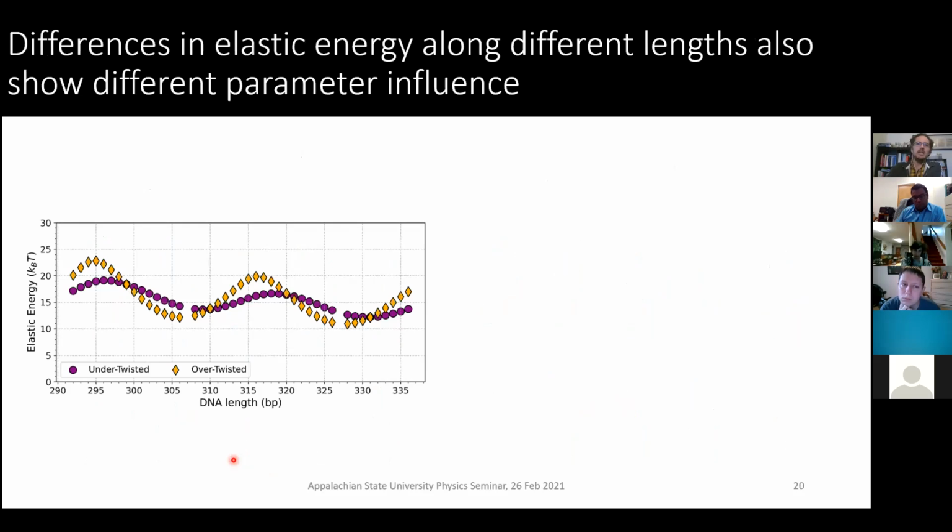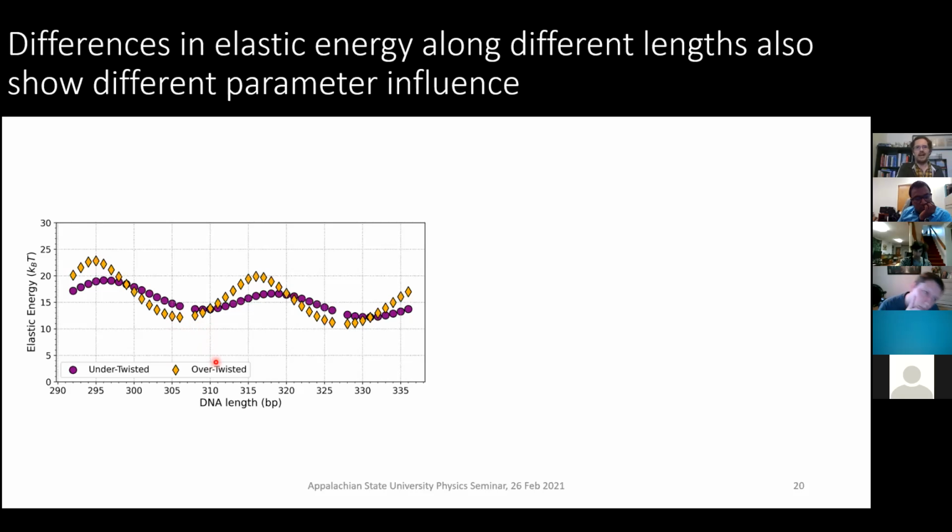And if we go a little bit deeper, we can take a look at what the elastic energy profiles look like. What's interesting here is that as I increase the number of base pairs in my mini chromosomal circle, I have this periodic behavior in my energy, where I have regions of high energy versus low energy. And we want to shoot for low energy.